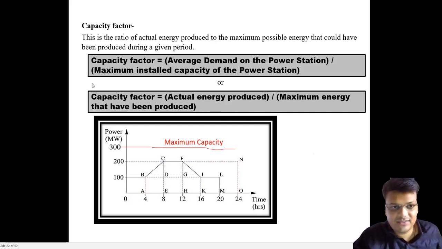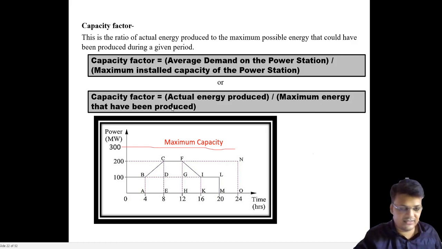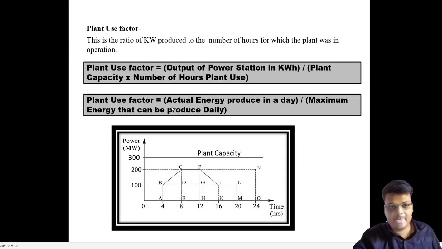Why did I put this formula? Because in the last session someone got confused about demand and energy produced. So it is also the formula of capacity factor. It is the same, no difference, only the language is changed. Actual energy produced divided by the maximum energy that could have been produced also gives the capacity factor.